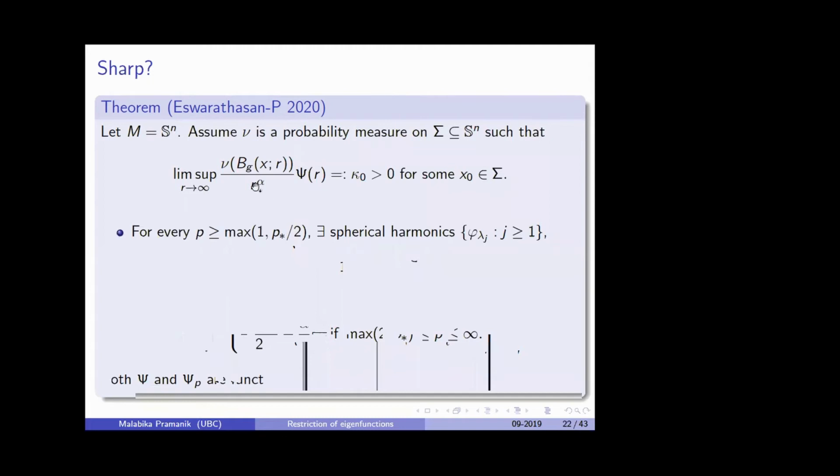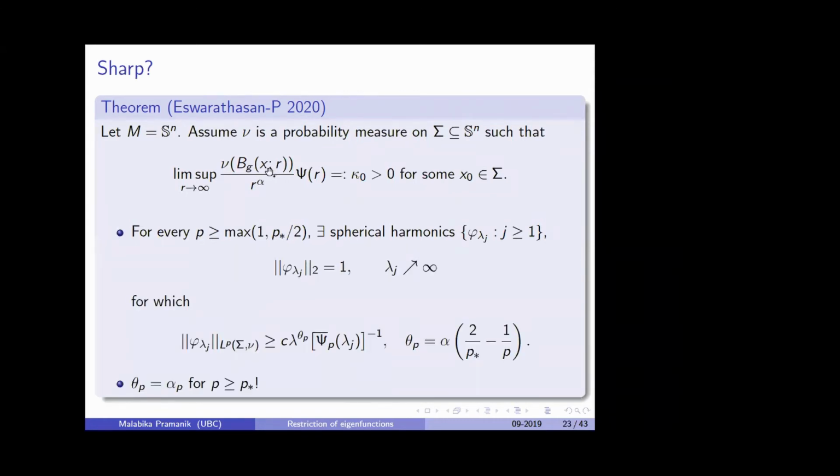Specifically, if the underlying manifold is the n-sphere and the measure nu obeys a ball condition for a family of balls shrinking to a point on its support, then we are able to establish a lower bound on the L^p norms of the normalized spherical harmonics restricted to E. And we show that the exponent theta p in the lower bound matches the one from our upper bound for large p.